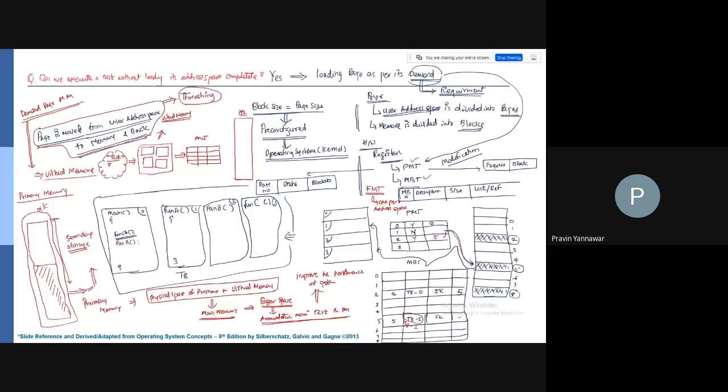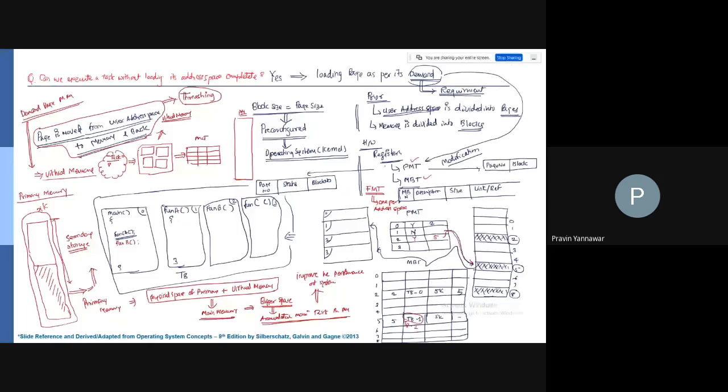If you look at the registers that we are in need of, the additional hardware that we need, this is the page map table.